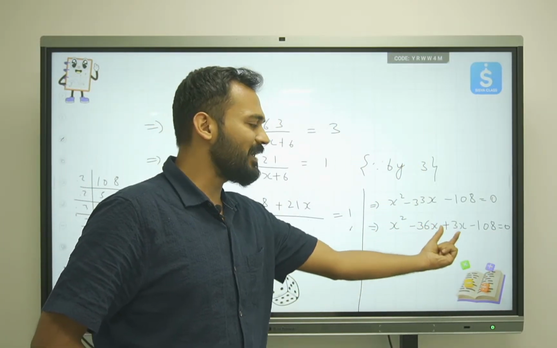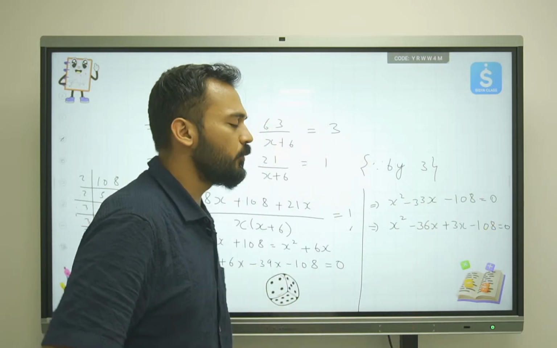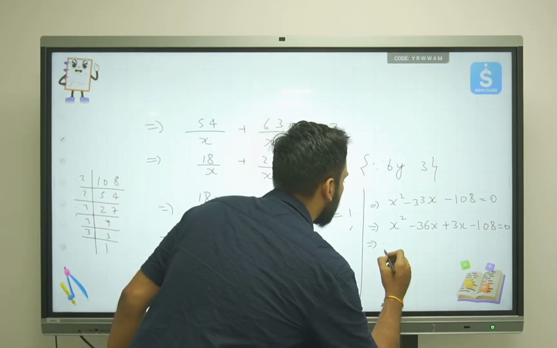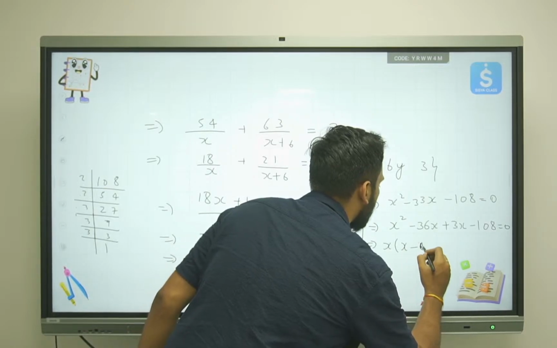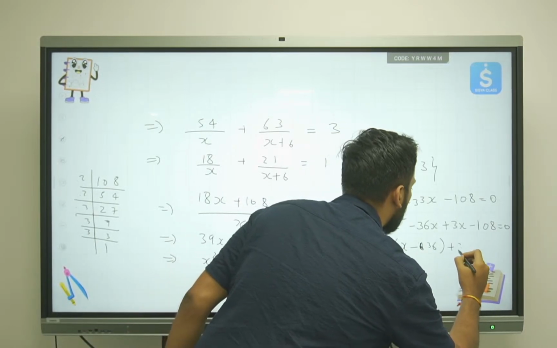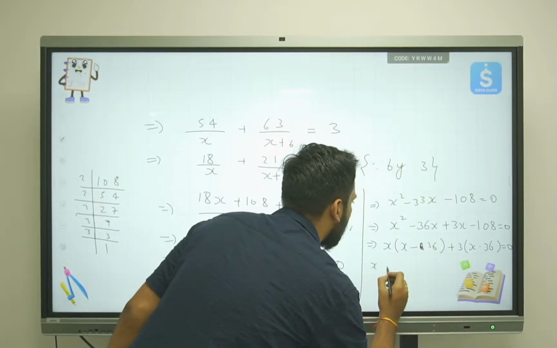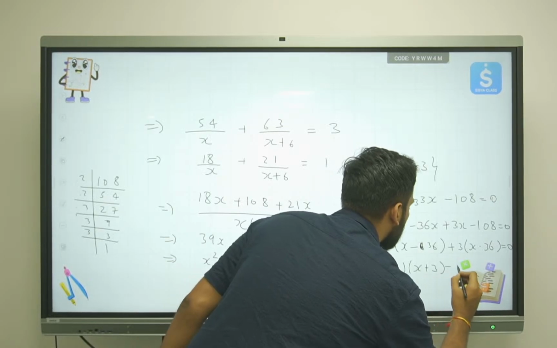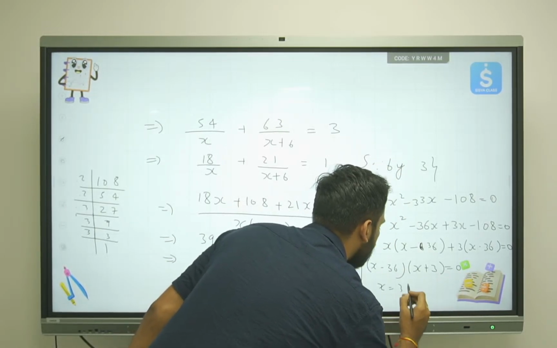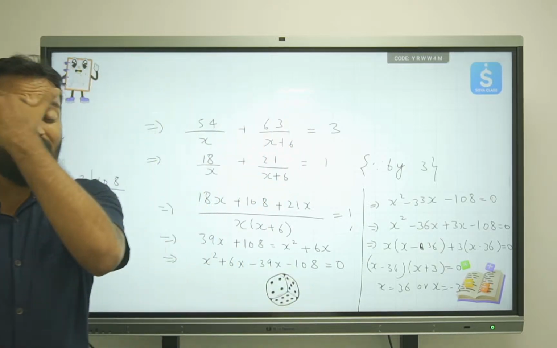Minus 36 plus 3 is minus 33, and minus 36 into 3 is minus 108. Now let's simplify this. If I take x common, x minus 36 will be left inside, plus 3 common, x minus 36 left inside. When I solve this, I get x minus 36 times x plus 3 is equal to 0, which gives x equals 36 or x equals minus 3, and speed cannot be negative.